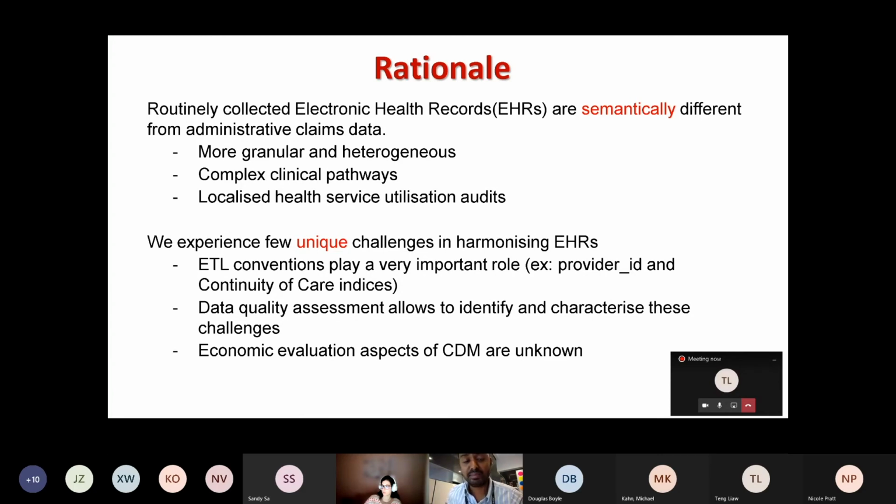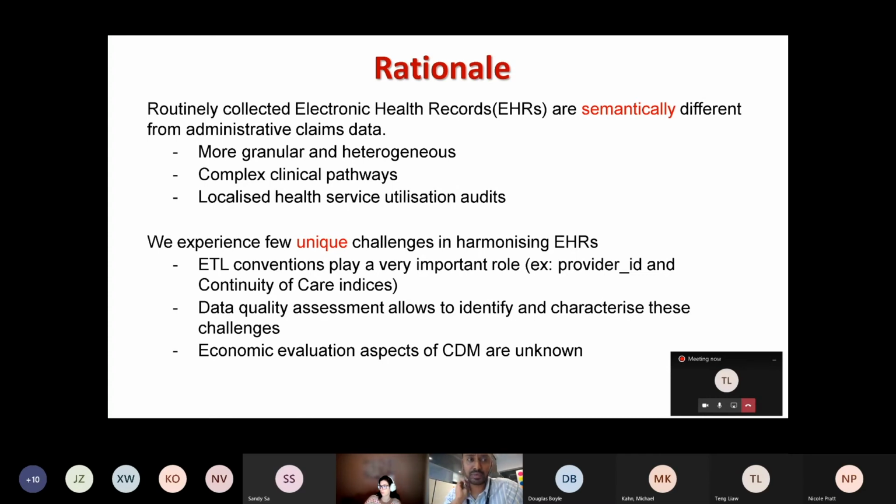Another interesting one was that, as far as we are aware, there was no economic evaluation discussed in terms of CDMs in general, not just the OHDSI CDM. We actually had experience dealing with both i2b2 and tranSMART CDMs in the past, in 2014 and 15, for cancer data sets and also omics data sets.